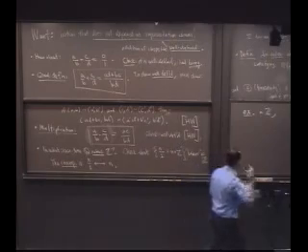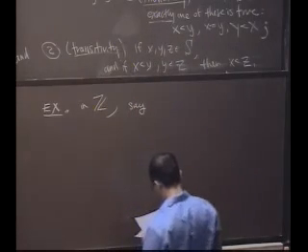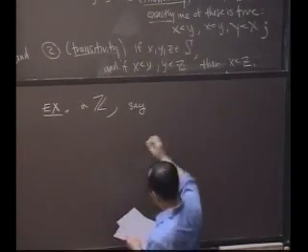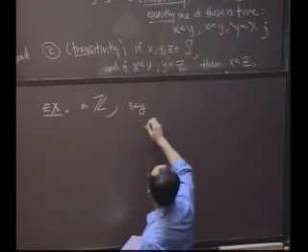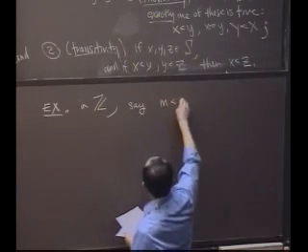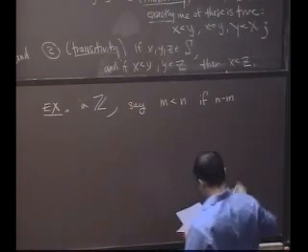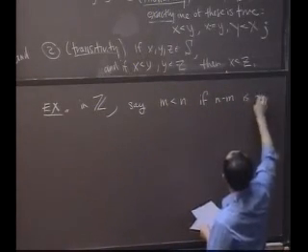Good, let's just write down a set. So in Z, we're going to say, for an integer, M is less than N if N minus M is positive.